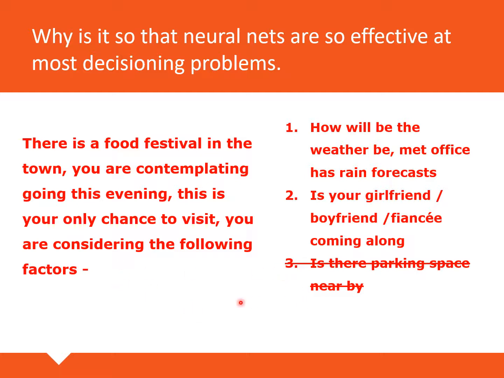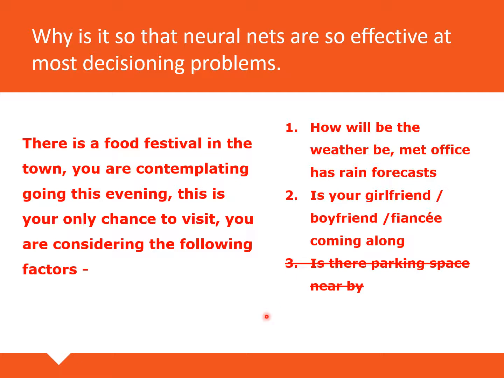And the third factor was is there parking space nearby to the event venue. So we'll look at the same example, except we will strike out the third factor here for the sake of further simplicity. So we'll assume only the first two factors are present in the decision making process.